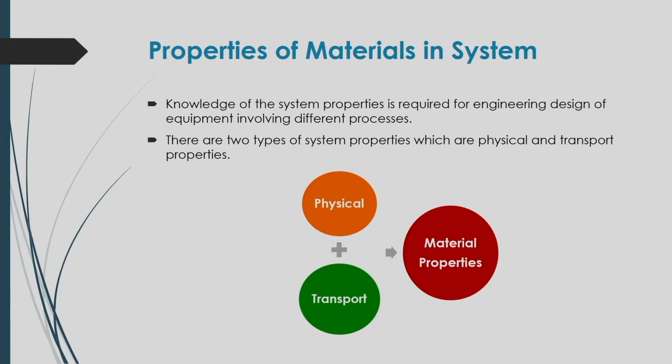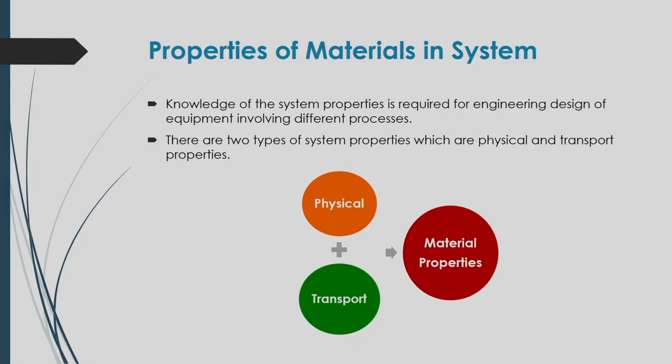Now, we will discuss the properties of the material in the system that are being used for a particular process in a process unit. Knowledge of the system properties is required for engineering design of the equipment that involves different processes.